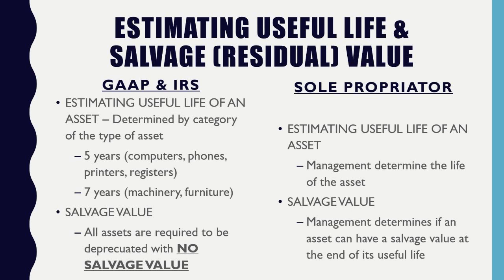I didn't mention the 9 or 11 rule because we wouldn't see any fixed assets that could potentially be 9 or 11. So for example, 5 years would typically be any computer, any phones, printers, registers, okay? Where 7 years is usually any type of machinery or furniture, okay?